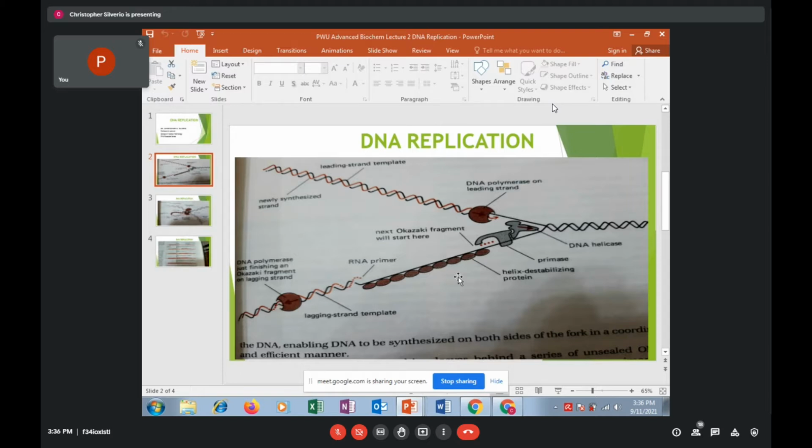Nucleotides po are composed of one sugar molecule, a phosphate group, and a nitrogen-containing base. Nitrogenous base, nitrogen base. Yes, po.